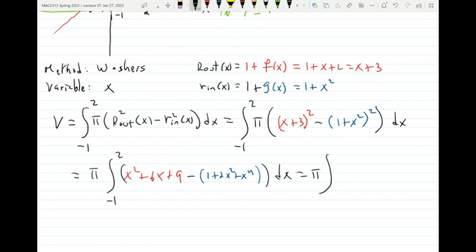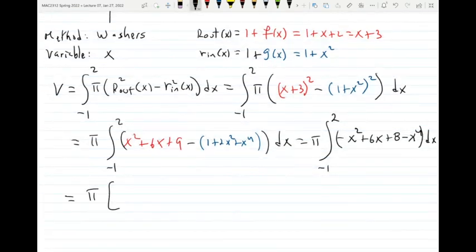Okay, now if you don't mind, I'm going to distribute the negative and combine like terms already, okay? So I will have this x squared with this -2x squared becomes -x squared, right? So that would be -x squared. Then the 6x stays there. Then 9 minus 1, that's 8. And then minus x to the 4 dx.